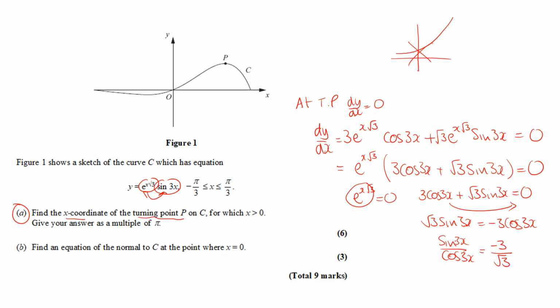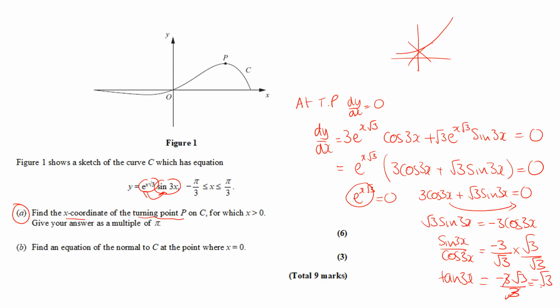So sine over cos, we all know what that is. That's just going to give us tan 3x. And then what will we do here? We can rationalize the denominator. So root 3 over root 3, that's going to give us minus 3 root 3. Those denominators are going to give us 3. So the 3's just cancel and it's minus root 3.